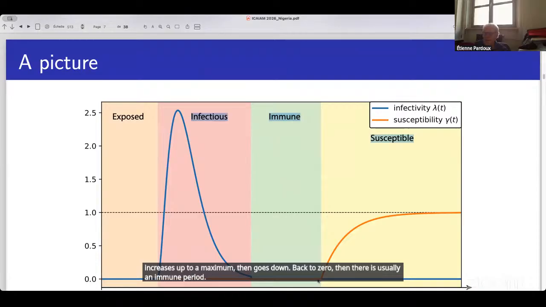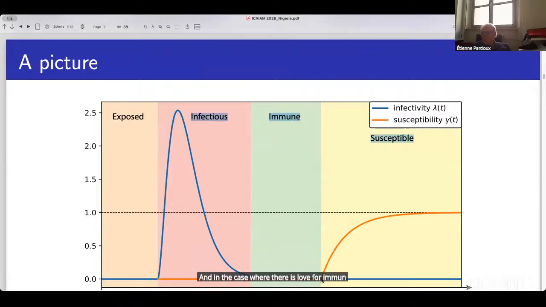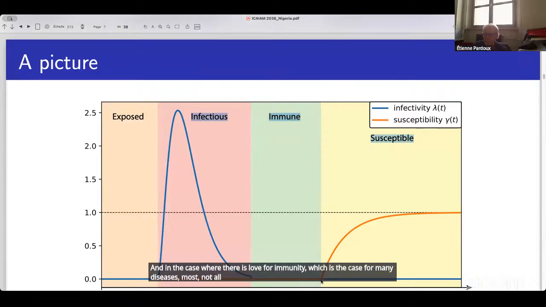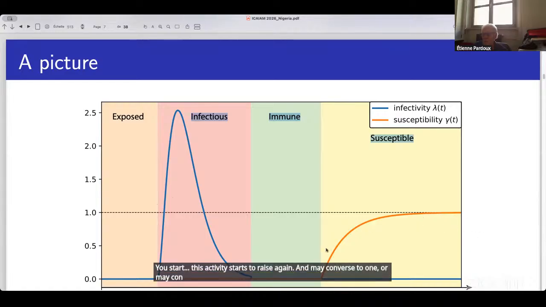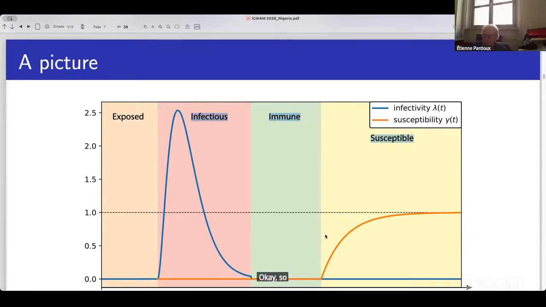And in the case where there is a loss of immunity, which is the case for many diseases, not all, but many, particularly COVID-19, but also malaria, then after an immune period, the susceptibility starts to rise again and may converge to 1 or may converge to something less than 1. Most typical models assume that the susceptibility of the individual at the end of the immune period jumps from 0 to 1 instantaneously, but we will not assume that.